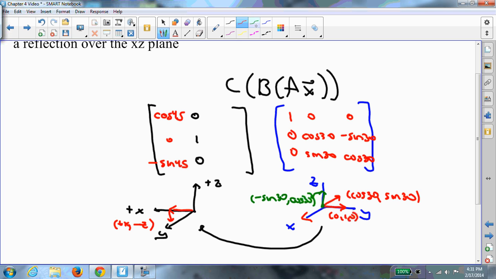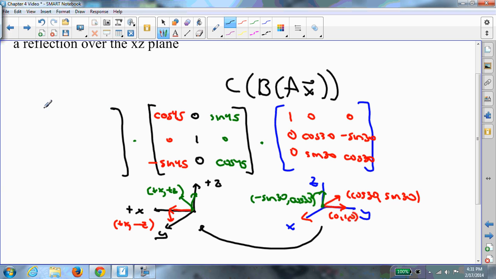If I take a vector in the z direction and rotate it 45 degrees, the result is going to be a positive x and a positive z value. So this is sine of 45, 0, cosine of 45. So those get multiplied.